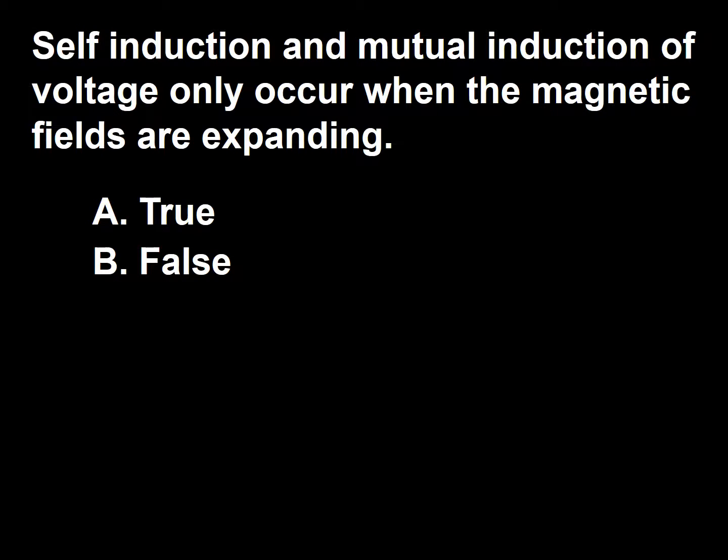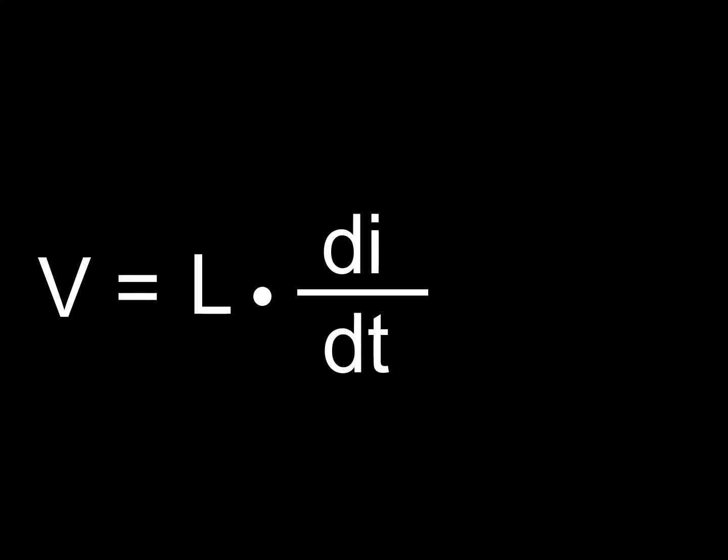Next question. Self-induction and mutual induction of voltage only occurs when the magnetic fields are expanding. A true, B false. This formula establishes the relation between voltage and inductance. If the relation between current and time is not changing, no voltage will be generated.